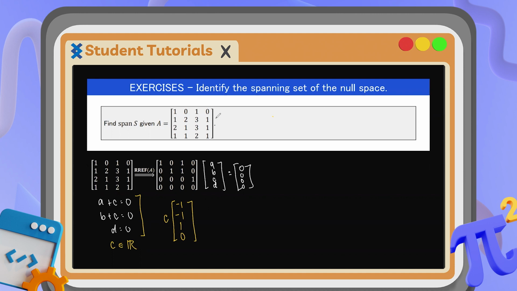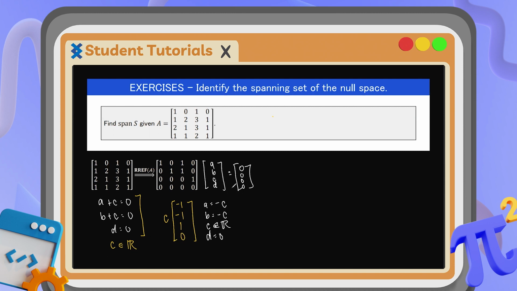So where did we get -1 and 1? From the solution, when we isolate a, b, and d, a is equal to -c, b is equal to -c, d is equal to 0, as mentioned a while ago, and c, since it is any real number, we'll just leave as 1.